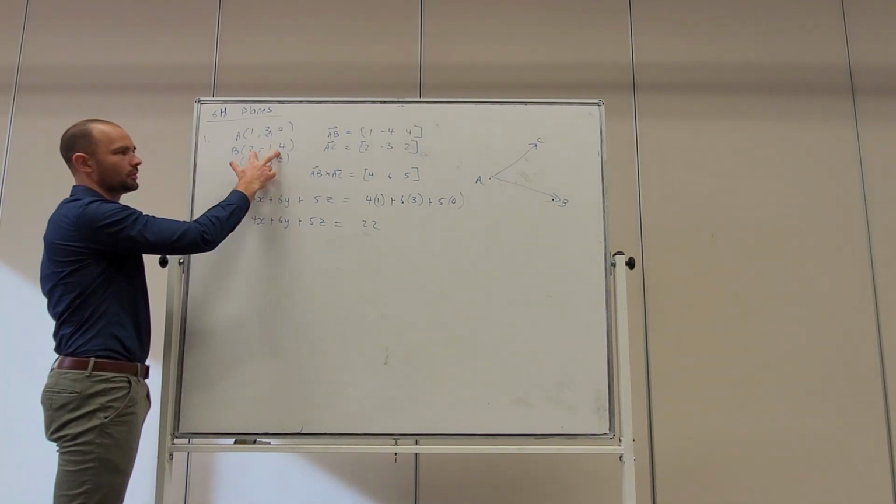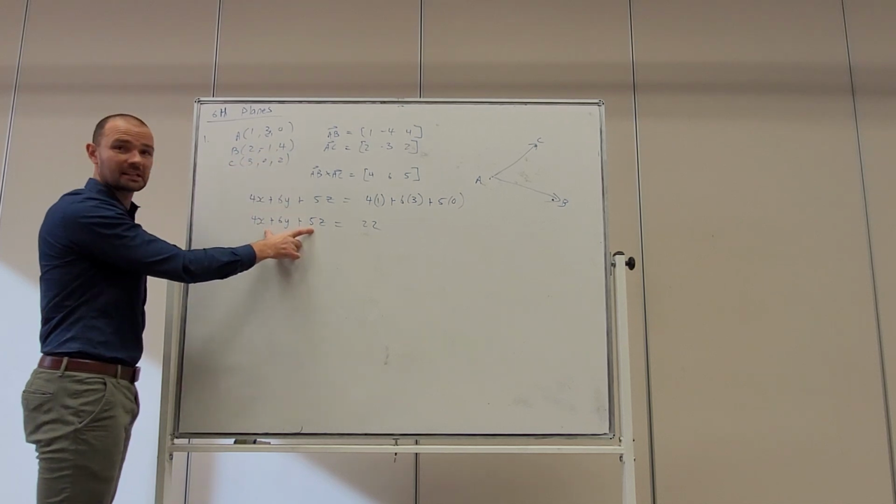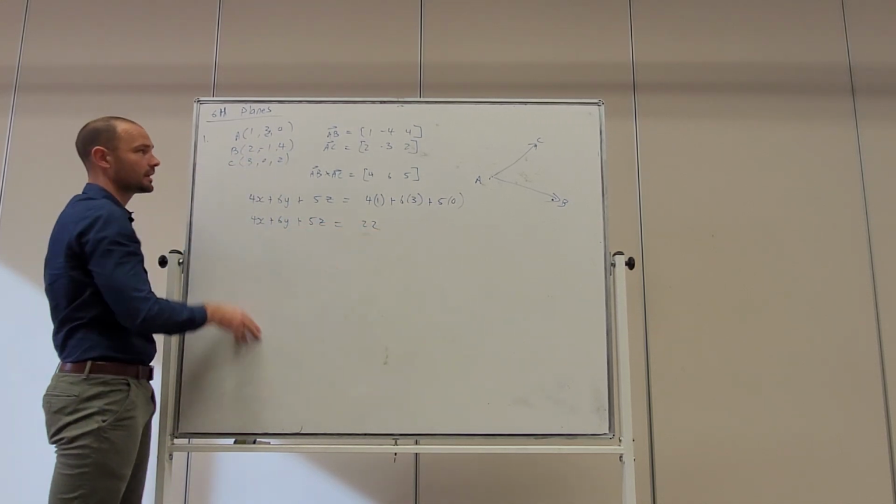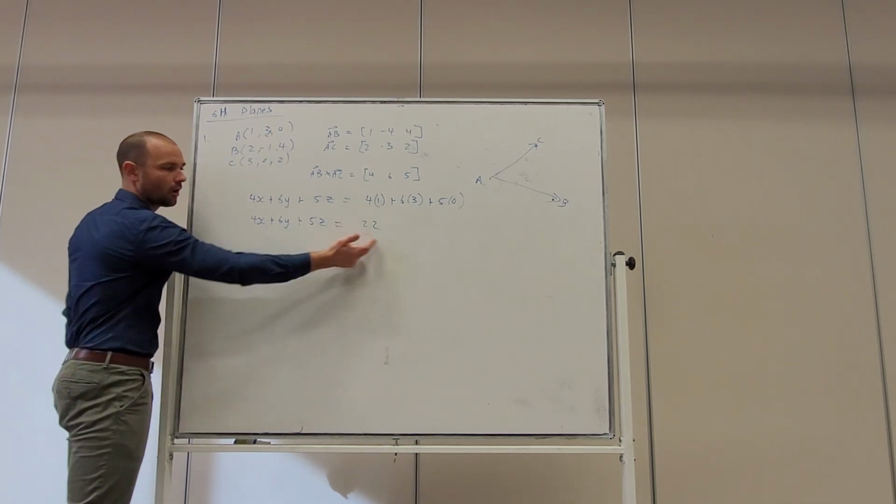Now, if I put this coordinate B into here, we're going to see that it satisfies this equation, that the left-hand side equals the right-hand side, because B lies on this plane.